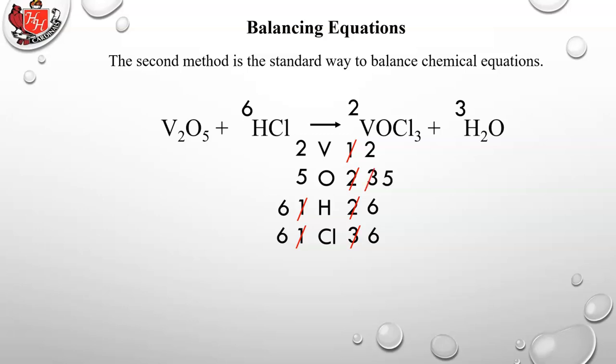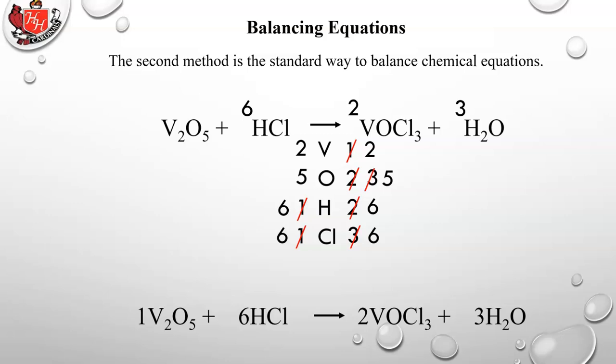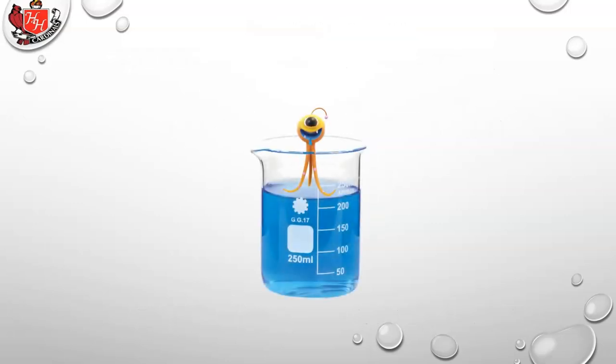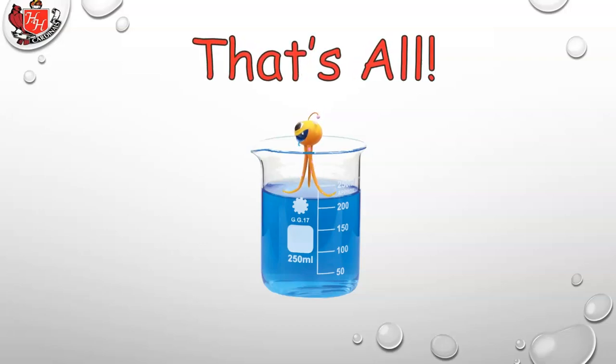So now if you look at it, we have everything in balance: 2 V, 5 O's, 6 H's, and 6 Cl's. So those are the actual final coefficients up there above. So it's 1 V2O5 plus 6 HCl produces 2 VOCl3 and 3 H2O. That's the same coefficients we got from the box method as well. All right, so that takes care of what a chemical equation is and how you balance one.